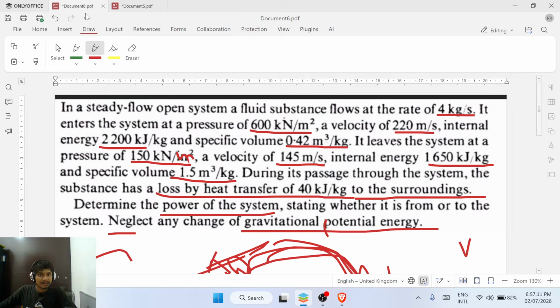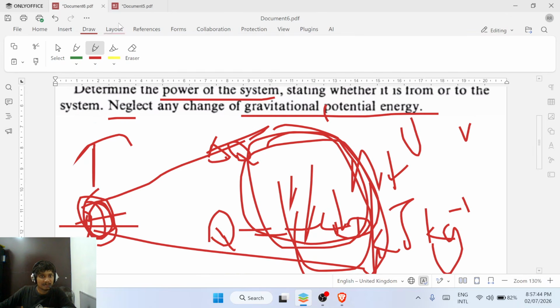Then the initial internal energy is 2200 kilojoule per kilogram, not kilojoule. If the internal energy were just 2200 kilojoule, we would use capital U. But here they mention that the internal energy is 2200 kilojoule per kilogram, therefore we have to use a small u.